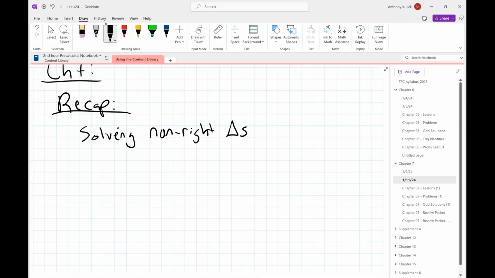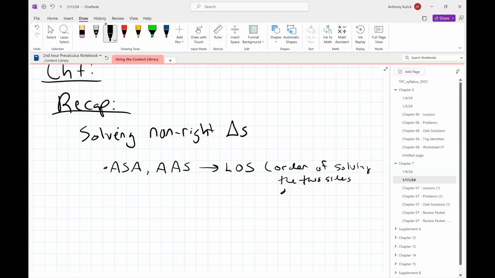We've seen that for the angle-side-angle and angle-angle-side cases, we use the law of sines. And the order of solving the 2 sides doesn't matter. You'd have 2 sides still to find in either one of them. It doesn't matter if you find the shorter side or the longer side first.